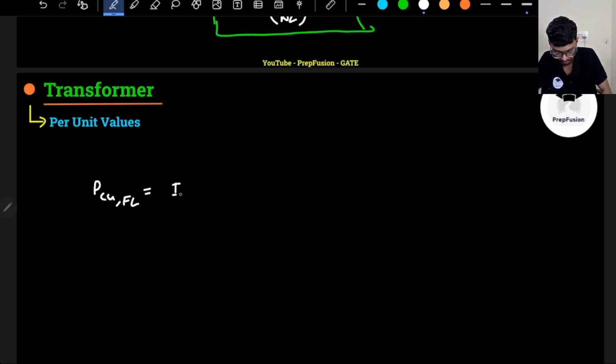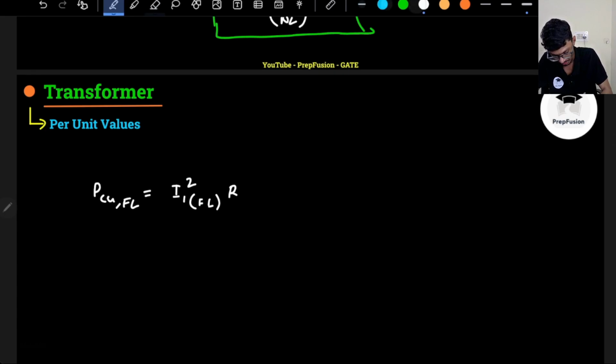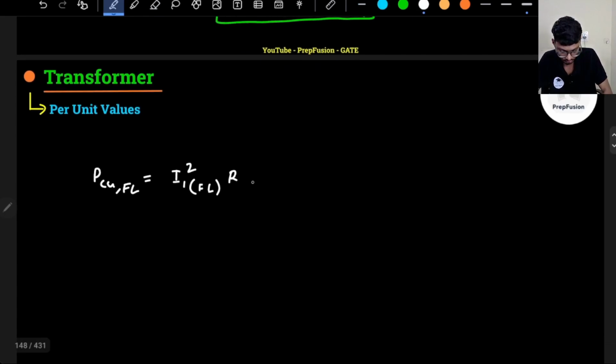It will be I1 full load, that is the rated current, when the rated current will flow, I1 FL whole square into R1, sorry, not R01, into R1 plus I2 FL whole square into R2.